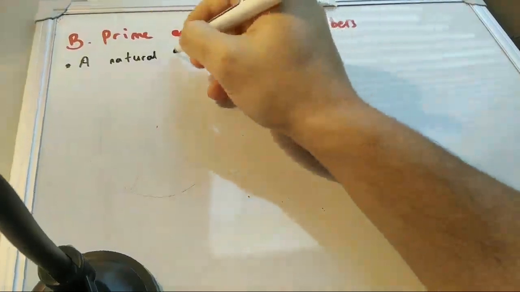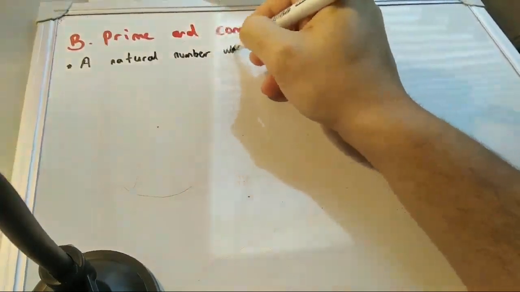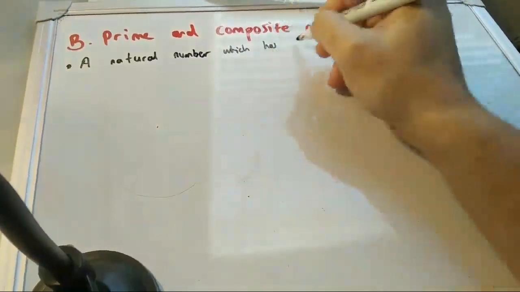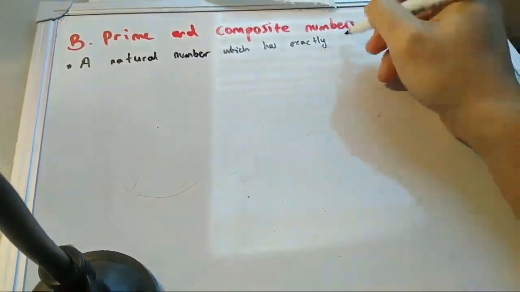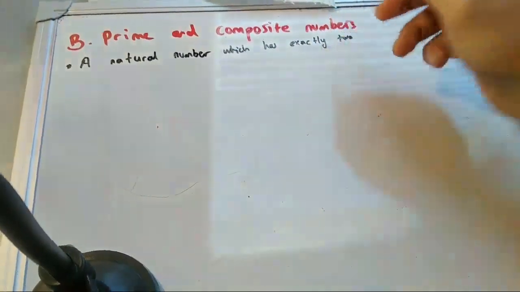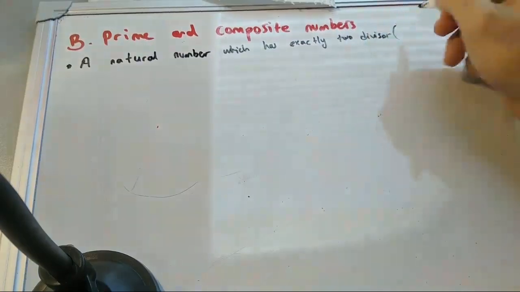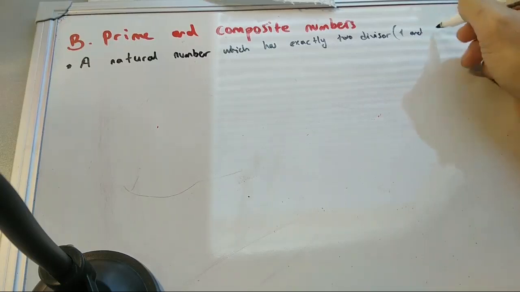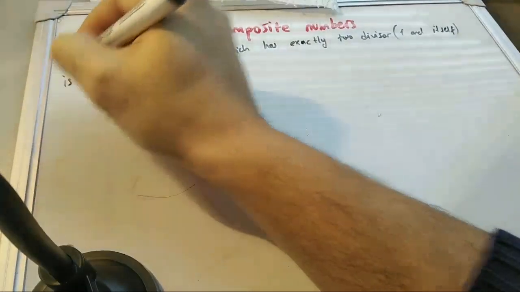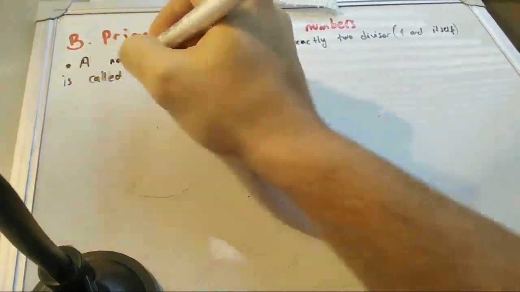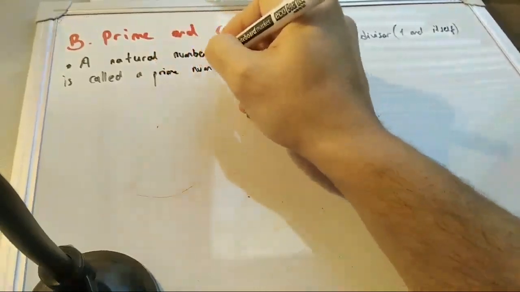A natural number which has exactly two divisors or two factors, it's the same, such as 1 and itself, is called a prime number.